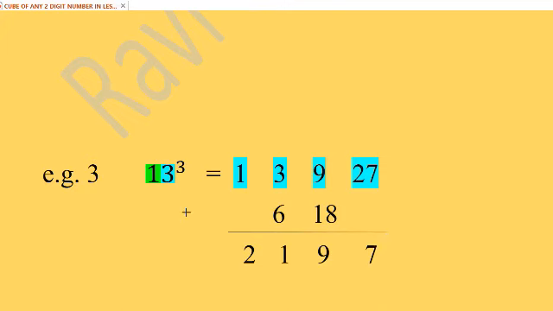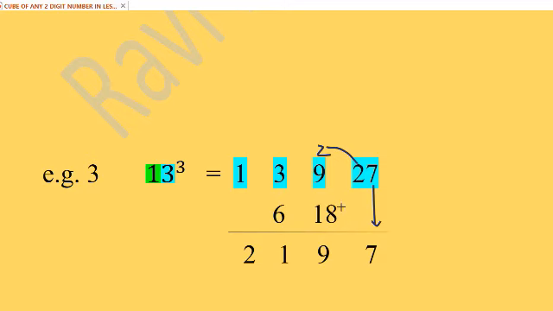So simply 1 and then second digit 3, square of the second digit that is 9, cube of the second digit that is 27. So we'll just write the single digit here, not the complete 27, that is 7, and 2 will carry here. Okay, so 9 plus 2 is 11, 11 plus 18 is 29.